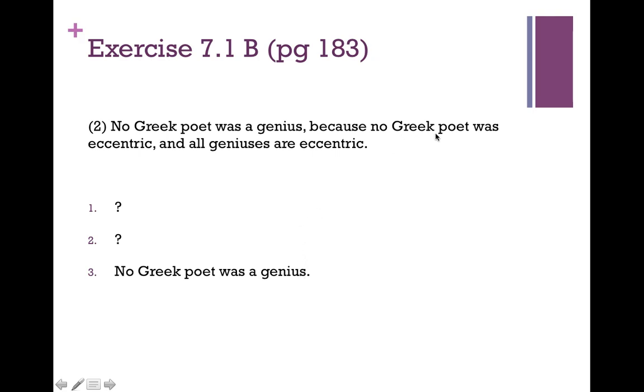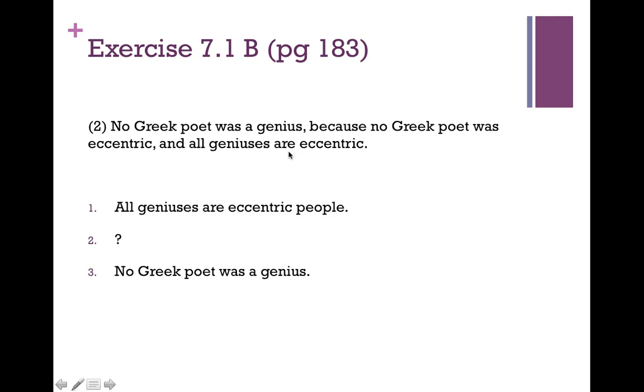No Greek poet was eccentric. All geniuses, oh, look right there. All geniuses are eccentric. And so we need to put that first. So notice here that our major premise, which we're listing here, actually was the very last thing stated in this argument.